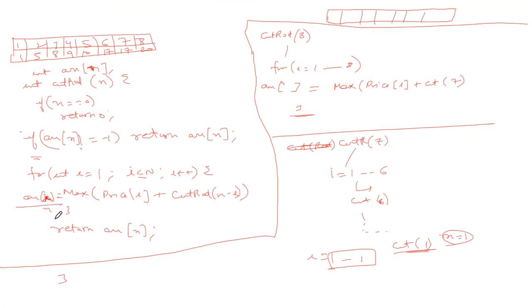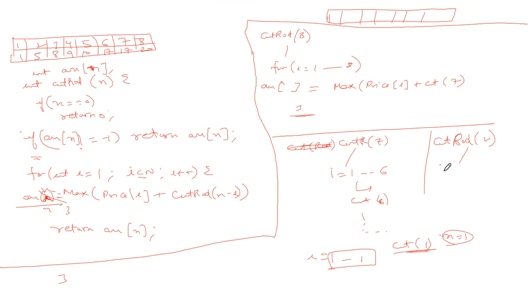So here it should be arr of i or n? It should be n actually. Both are not the same. Let's say I call cut rod of 2, and you have already stored 1 for cut rod of 1.